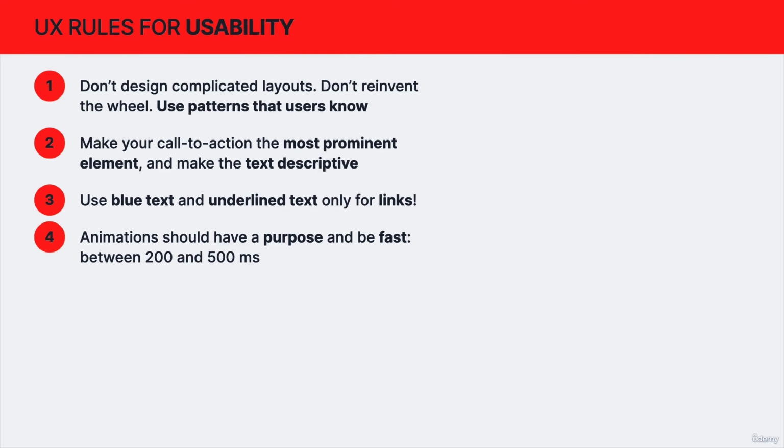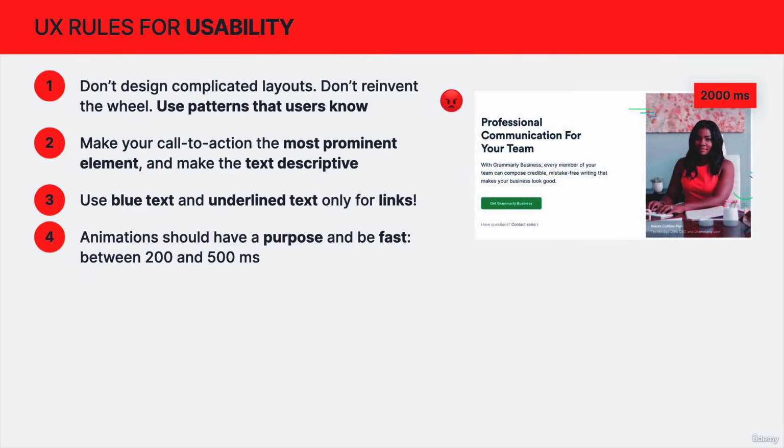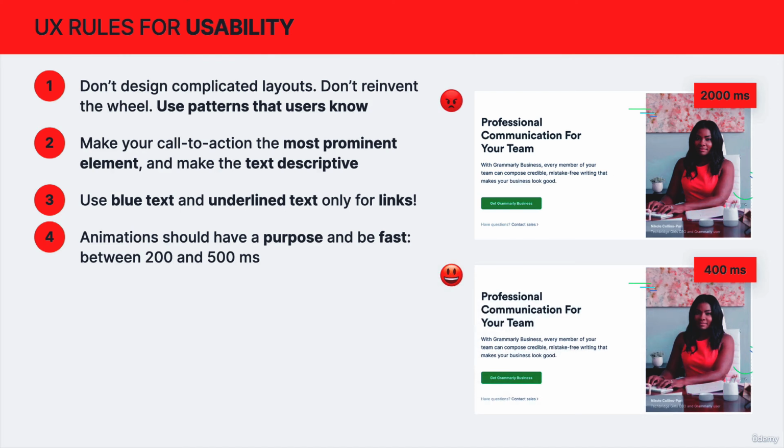No one wants to wait for some animation to finish, right? Just take a look at this image here fading in for 2 whole seconds. That looked really sluggish, right? Like not professional. On the other hand, the next animation only takes 0.4 seconds, and that looks just right, if you ask me. So follow this rule whenever you do want to place animations in your design.